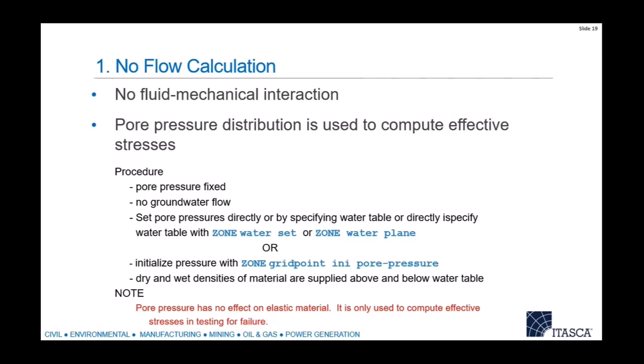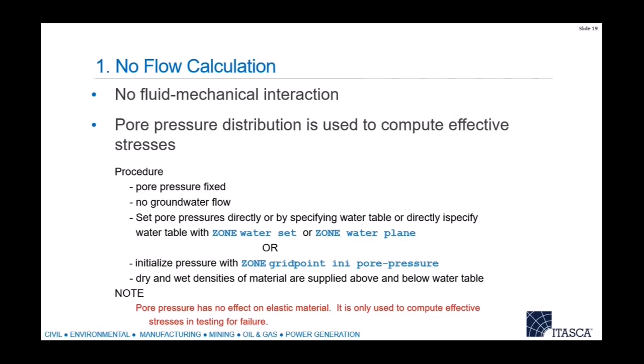If it's important to have the water included in the material density, you have to do that yourself. So you have to manually change the density below the phreatic surface if that's important. If it's not, you can just use density as density. As far as the mechanical logic is concerned, it's using whatever density you set. And if you need to modify it for water, you have to do that yourself.